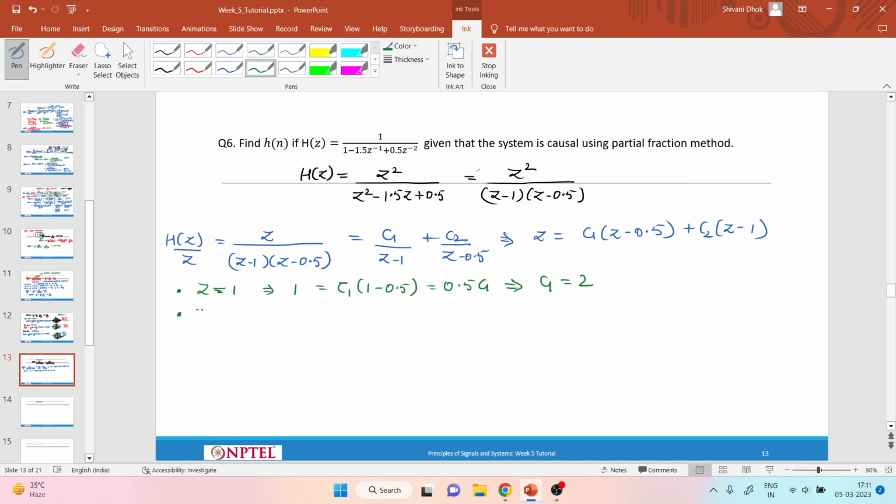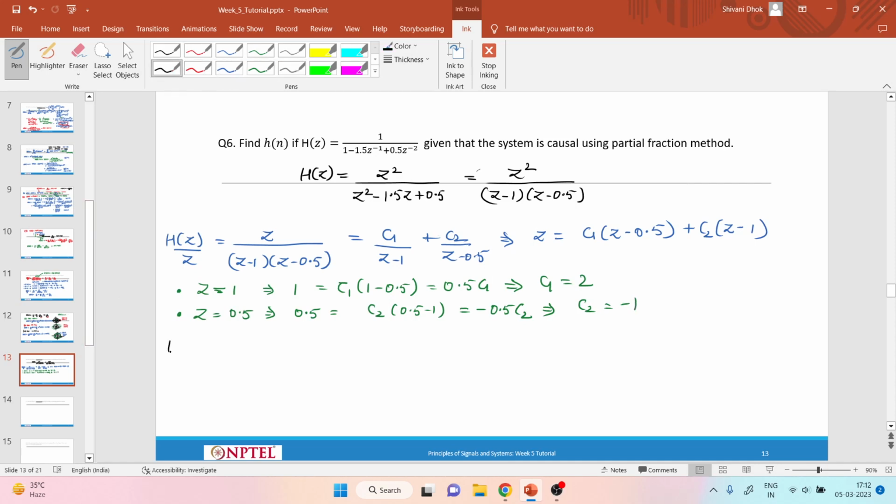Similarly, in order to find c2, let us substitute z equal to 0.5, which implies that 0.5 is equal to c2 into 0.5 minus 1, which is minus 0.5 c2, so c2 is equal to minus 1.